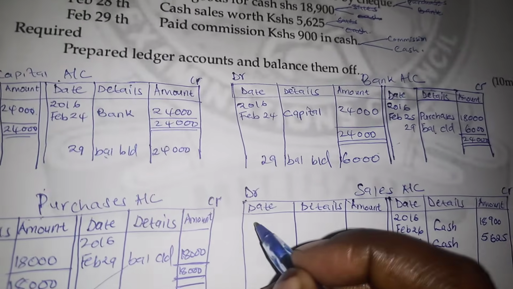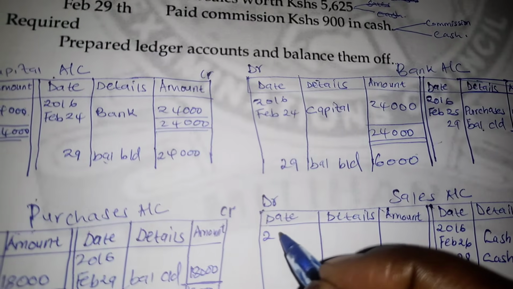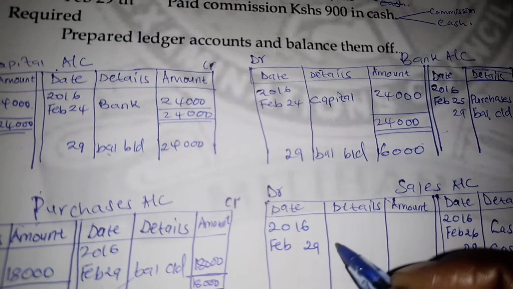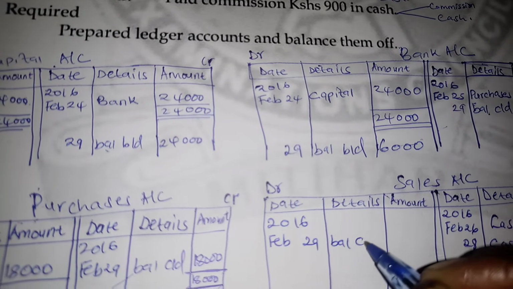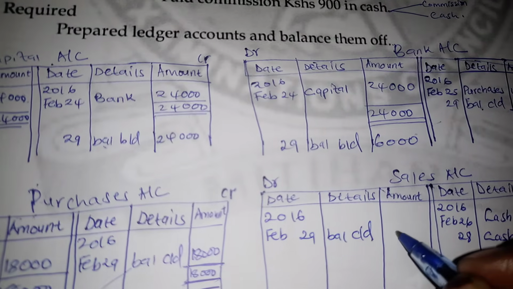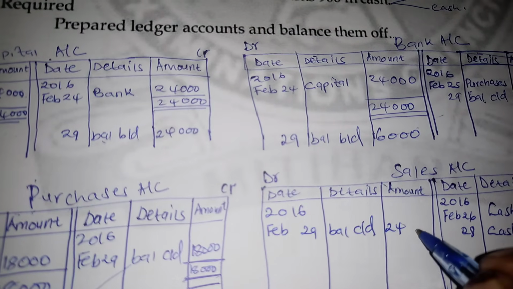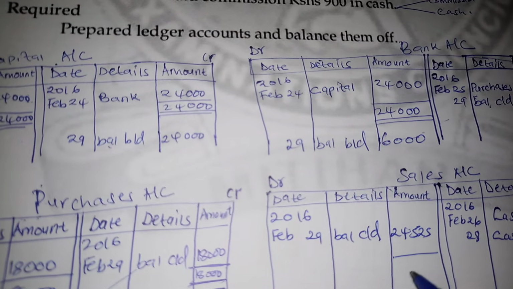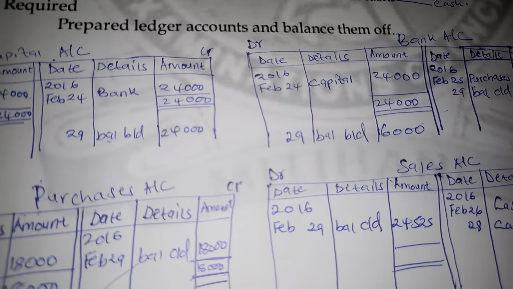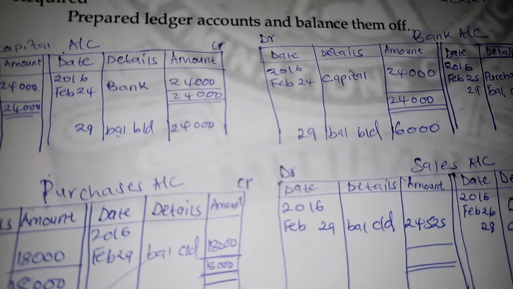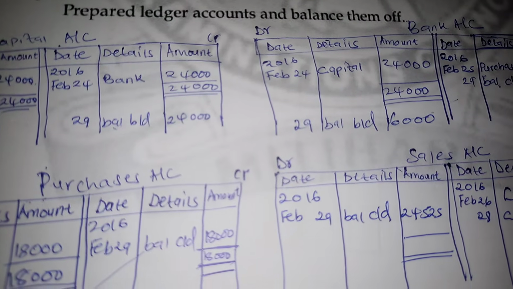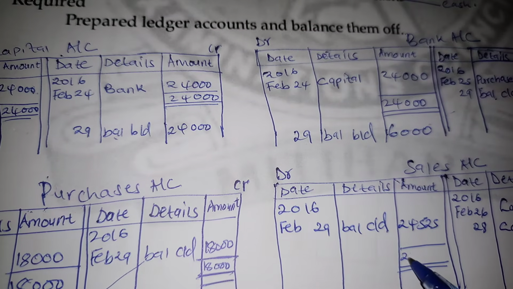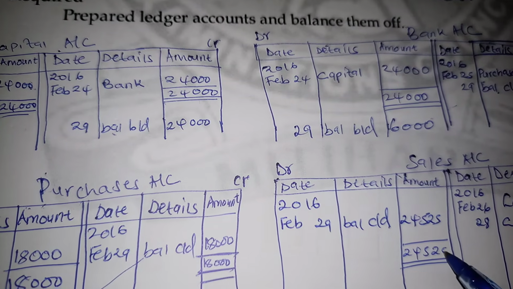So the difference is the balancing figure. On 2016 February 29, our balance to be carried down will be 24,525. Then we get the totals afresh for both sides to give us 24,525 and 24,525.